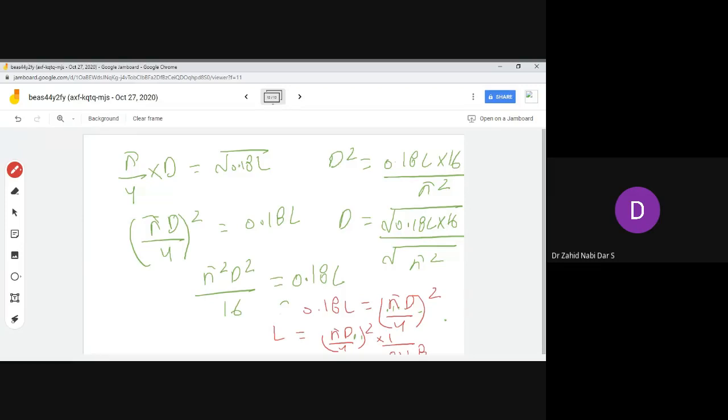So for the L in terms of D value, the pi we will keep in terms of this. So it becomes basically pi d by 4 whole square.